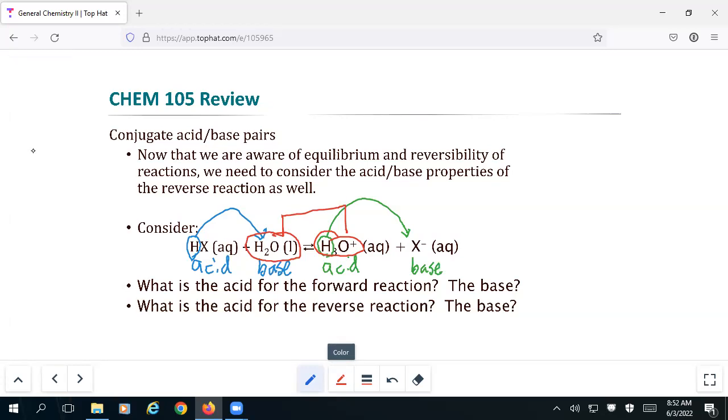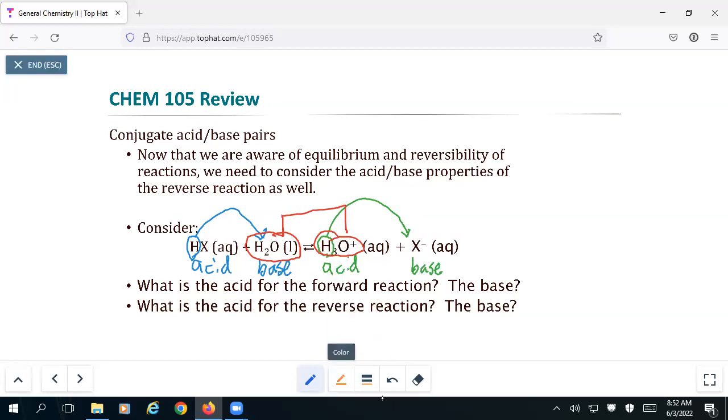One hydrogen ion apart. They act as an acid-base pair. They're called a conjugate acid-base pair. As water, in this particular situation, it acts as a base. As hydronium ion, it acts as an acid.